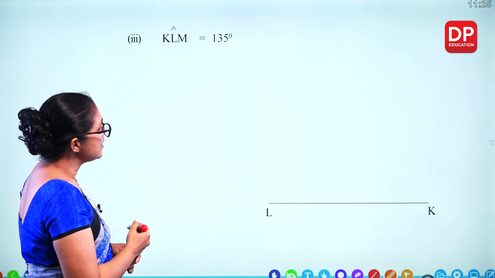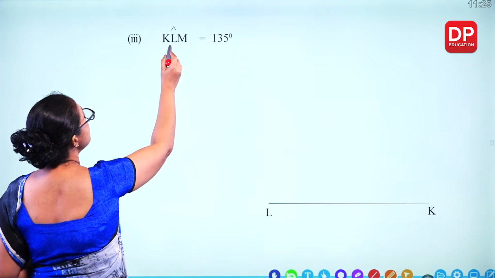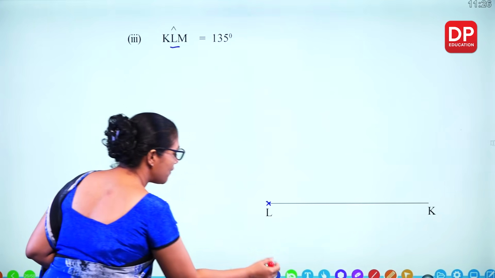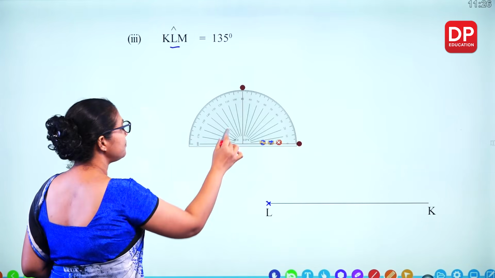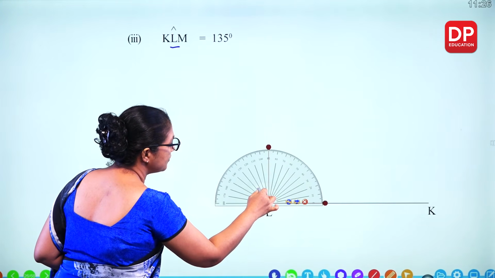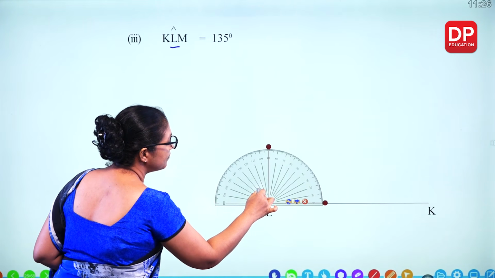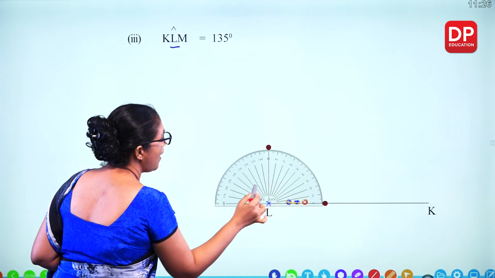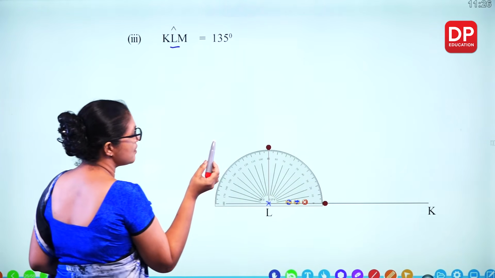KLM 135. So the angle is L. To this point you need to measure a 135-degree angle. Keep the origin on top of L. And then 135.